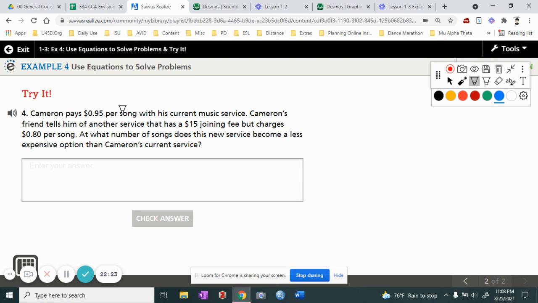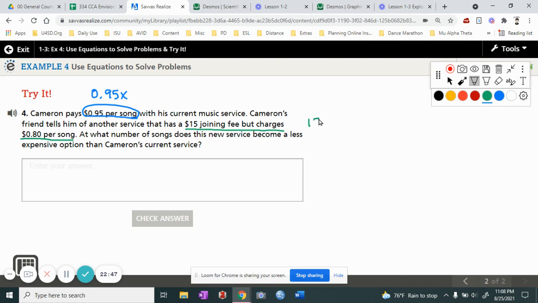So Cameron's plan is the blue plan from the previous page. So 95 cents per song. Remember we said that's 0.95x. And then we'll go with green for this one, a $15 joining fee, but 80 cents per song.